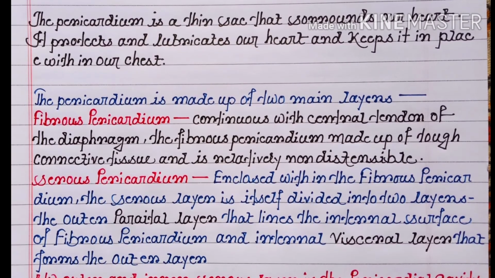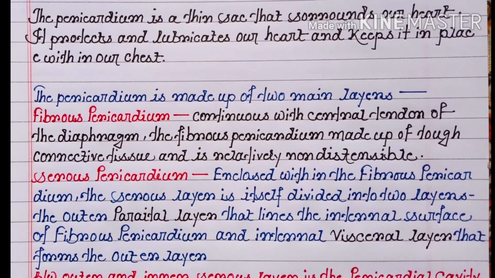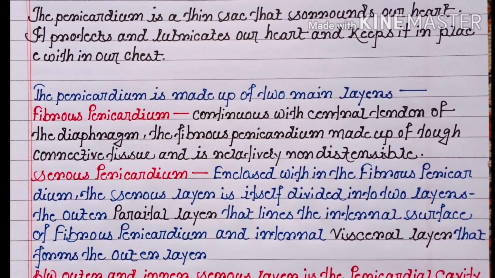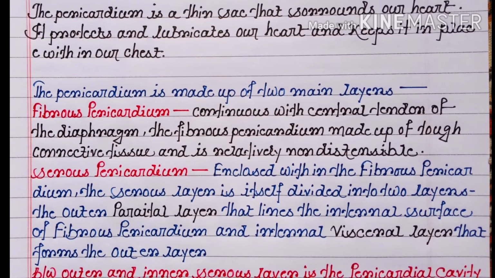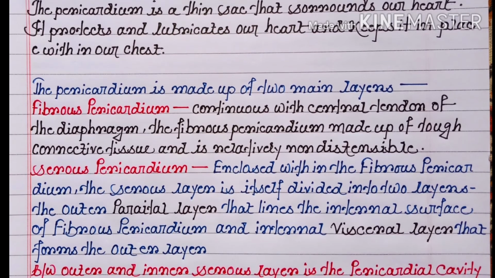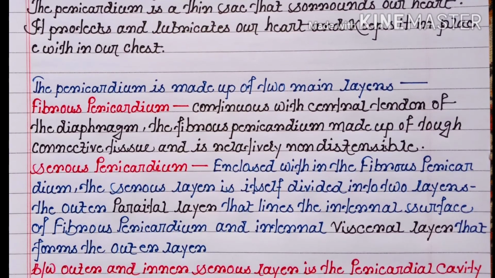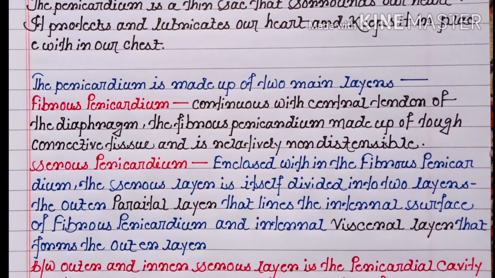The serous layer is itself divided into two layers: the outer parietal layer that lines the internal surface of the fibrous pericardium, and the internal visceral layer that forms the outer layer of the heart.